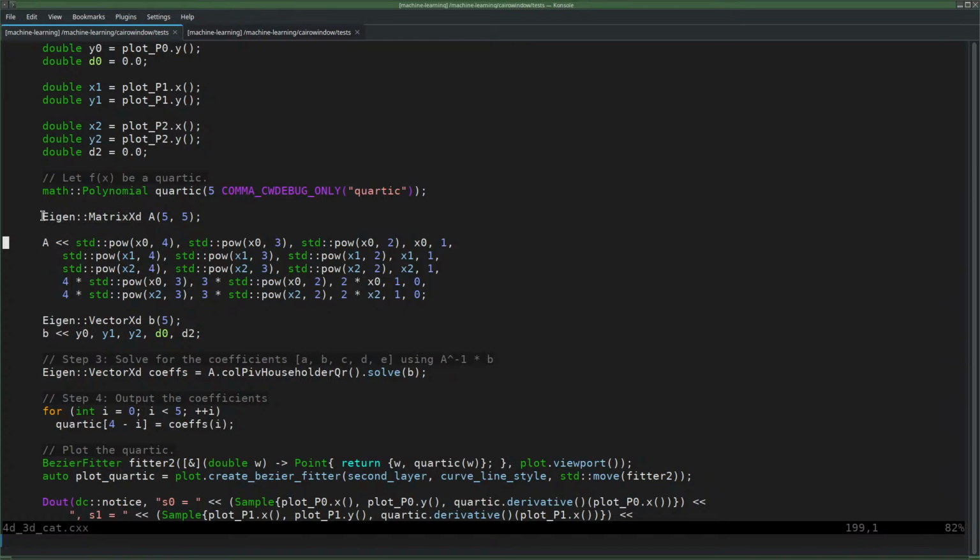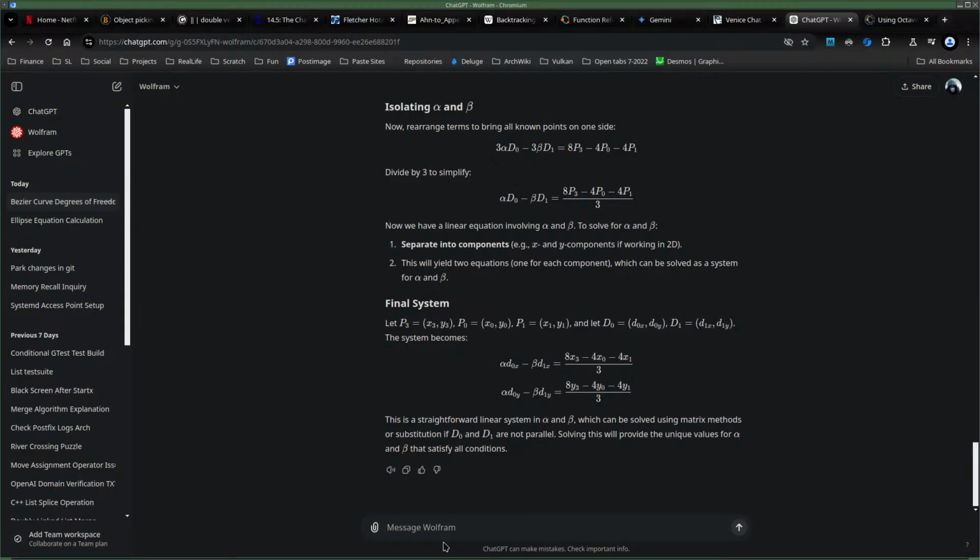Okay, let's just ask it. How to create an eigen 2x2 matrix for this that we then can use to solve this system.